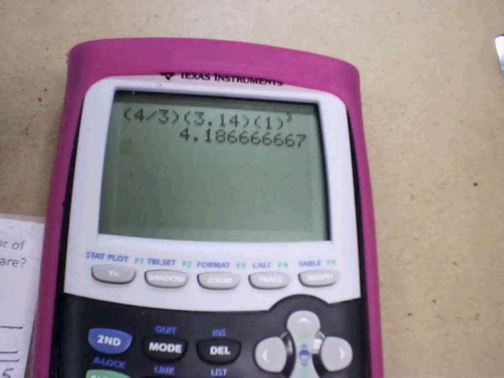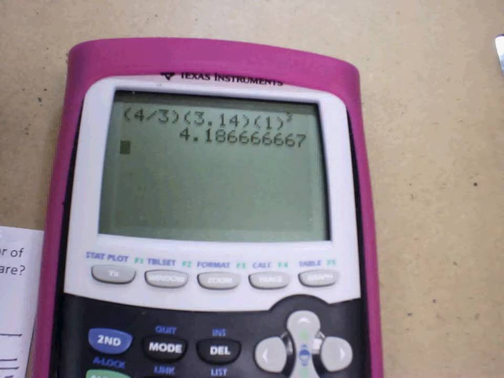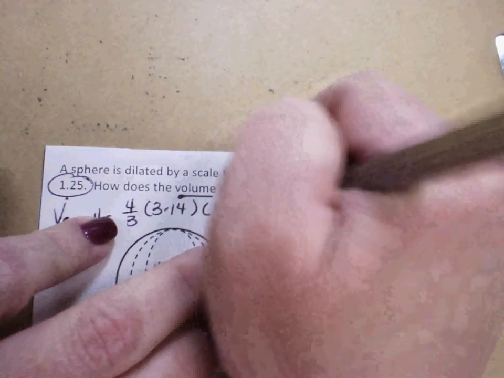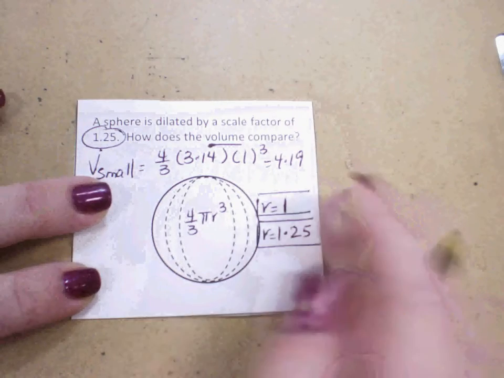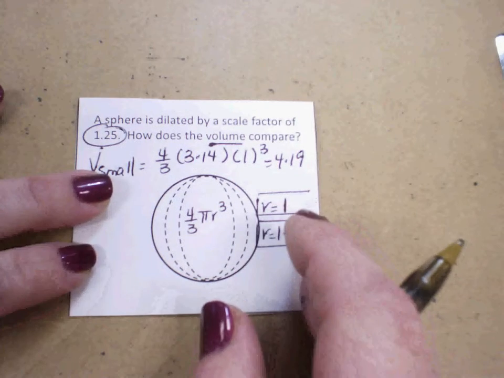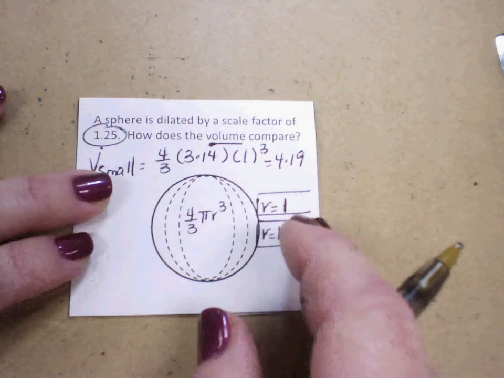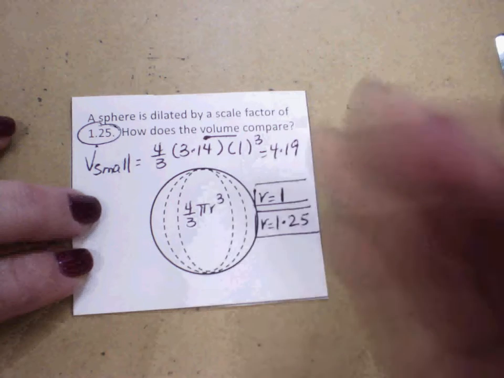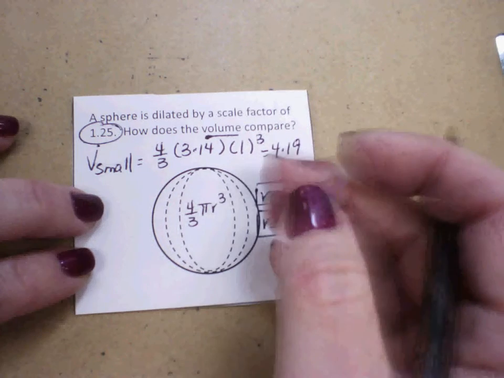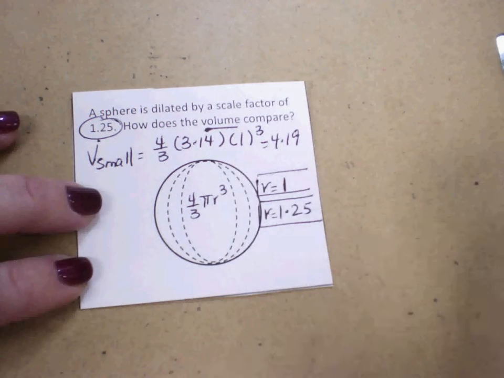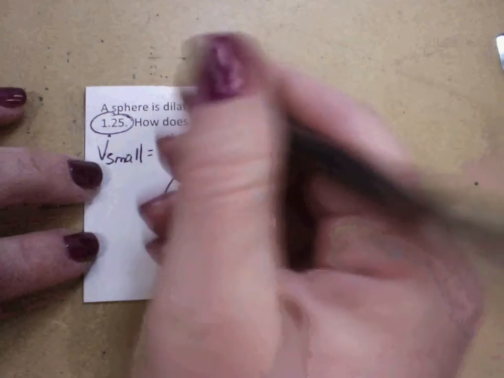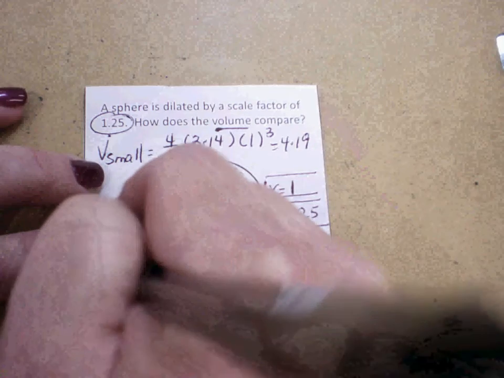All right, I lost it. All right, 4.19. Sometimes it doesn't work.